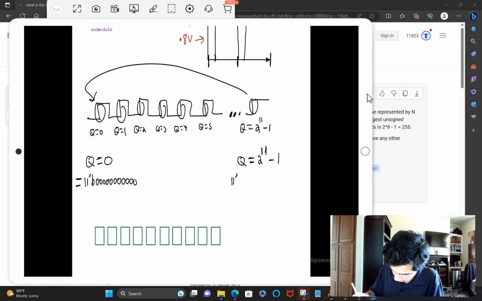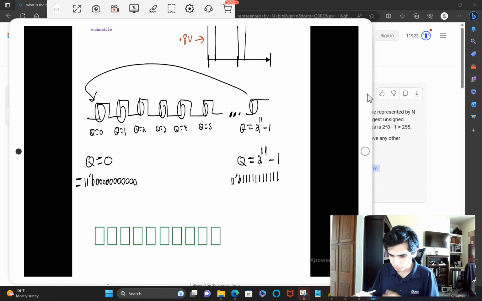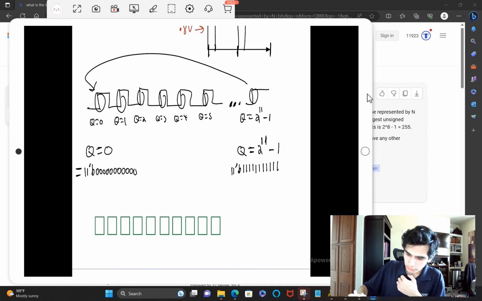And then here it's 1'b 1, 2, 3, 4, 5, 6, 7, 8, 9, 10, 11. So we know at the start Q is equal to 0 there, and at the very end it's equal to it there. And we know it's incrementing by 1 evenly. So what about in the middle?